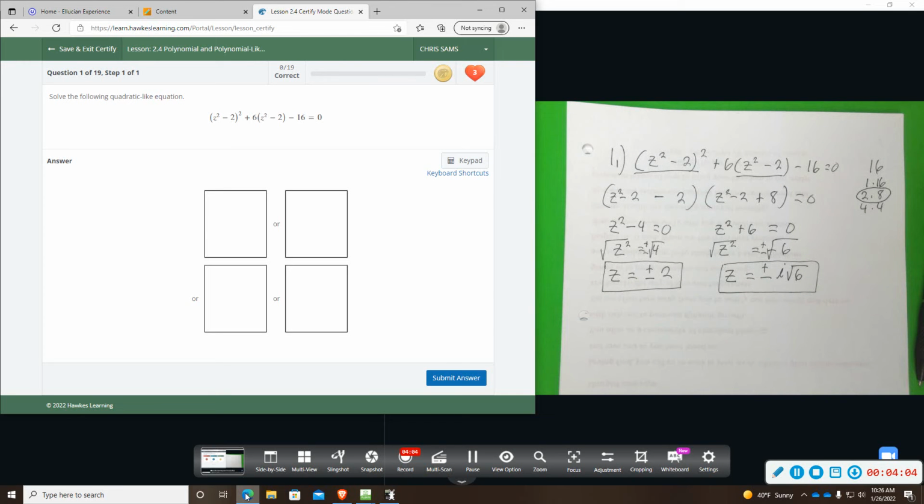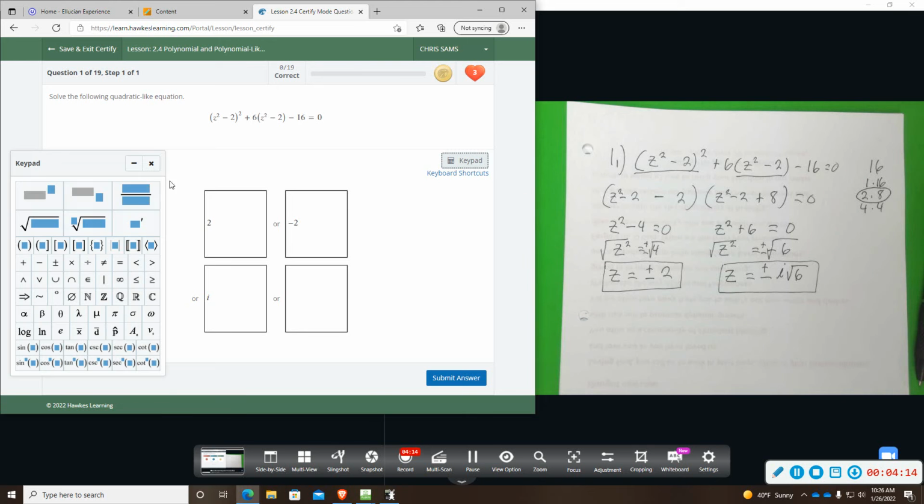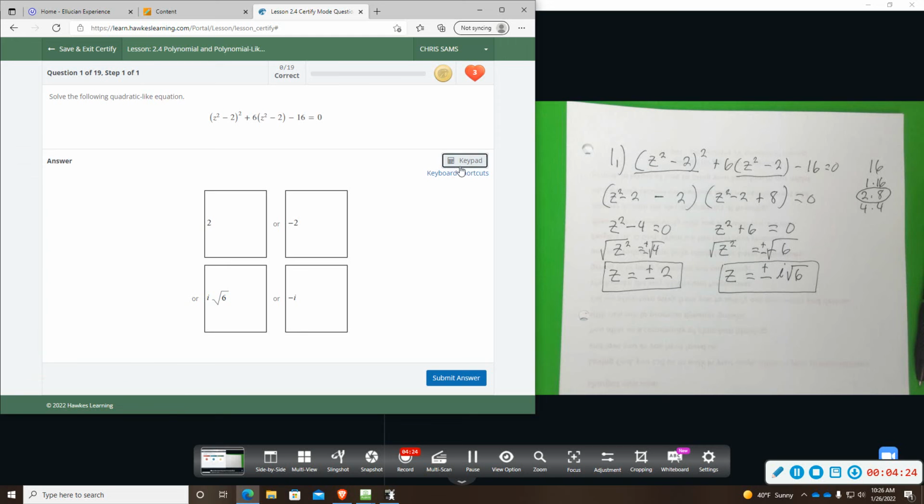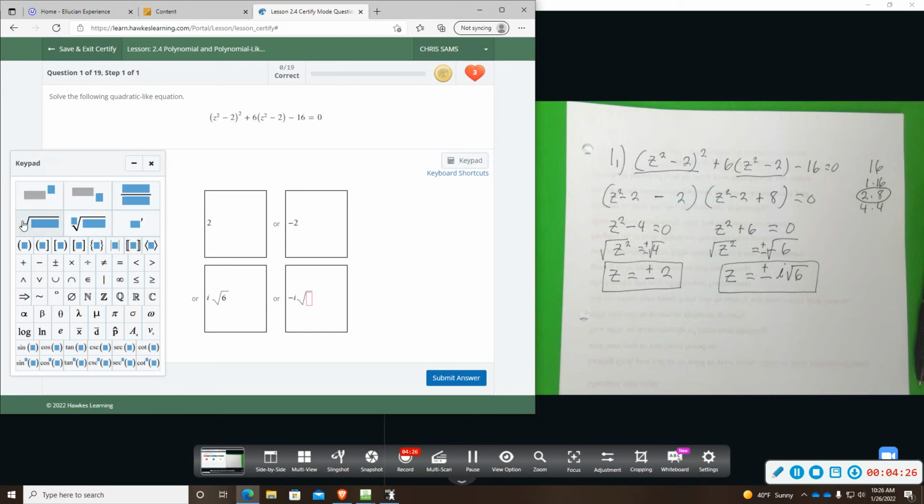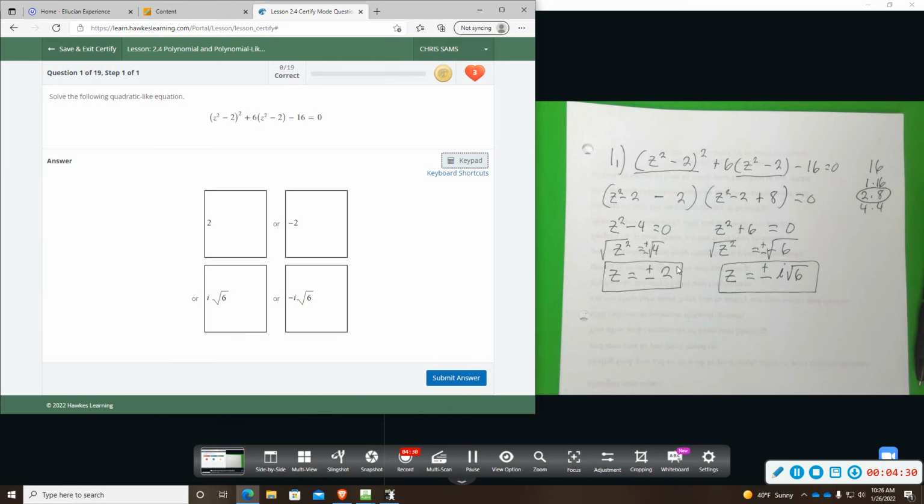Okay, so we get 2, or negative 2, and then we get i times the square root of 6, or negative i times the square root of 6. And so these are the 4 answers we get from this problem.